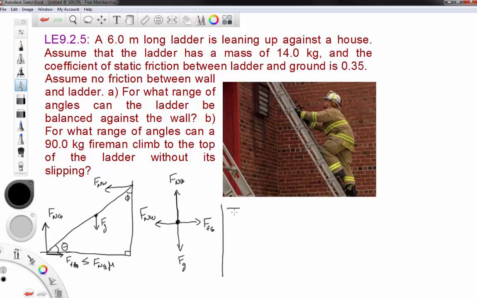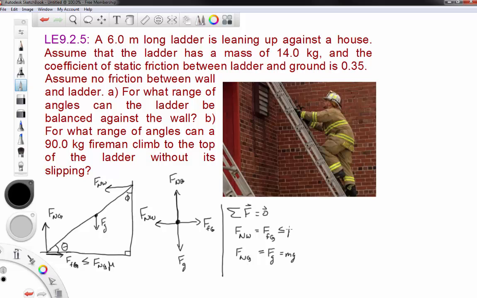Newton's law shows that the sum of forces equals 0. It says that the normal force between the wall and the ladder is equal to the force of friction from the ground, and the normal force from the ground on the ladder should be equal to the weight of the ladder.